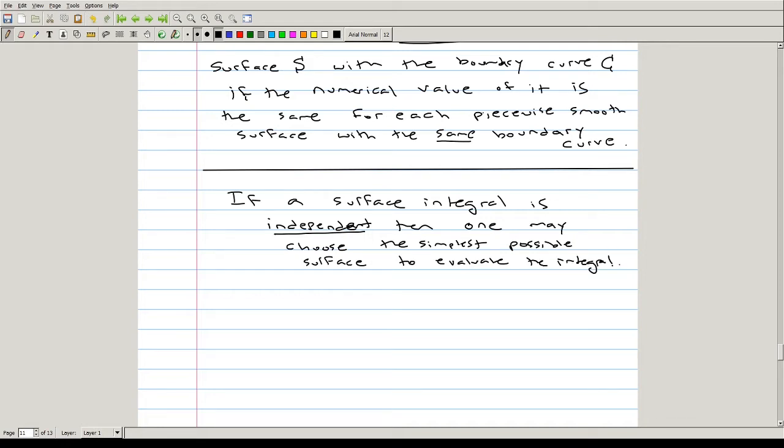And this is a very nice idea that is very similar to when a line integral is path independent, we can also have that a surface integral is independent of the surface.